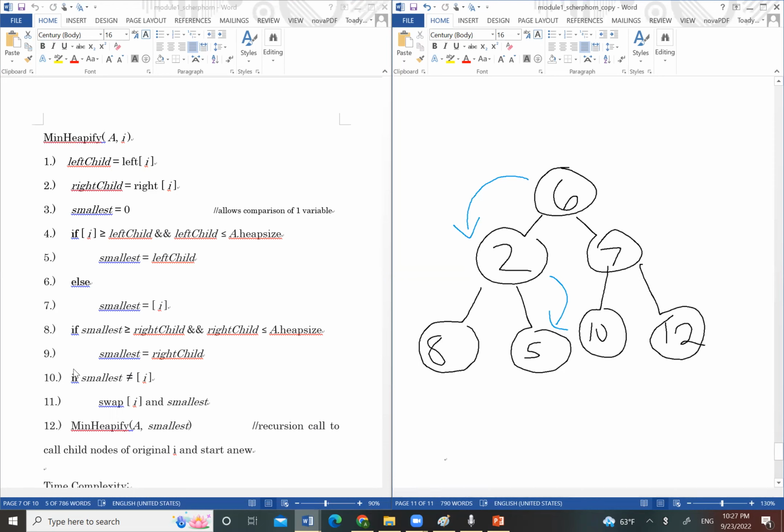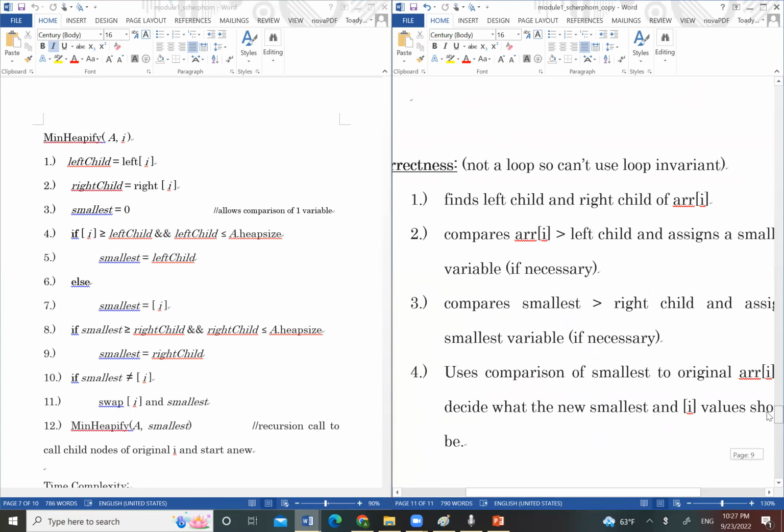And because the smallest does not equal I, the original parent, they have to swap. So now the 5 will come here, and the 6 will come here. And that will be the end of this algorithm because we have reached the leaves of the binary tree.